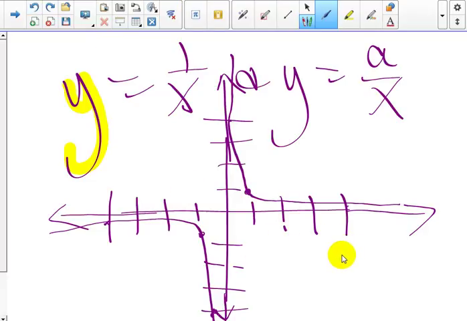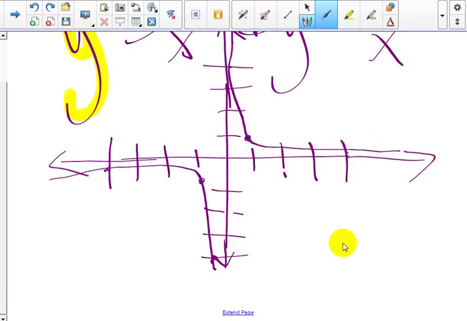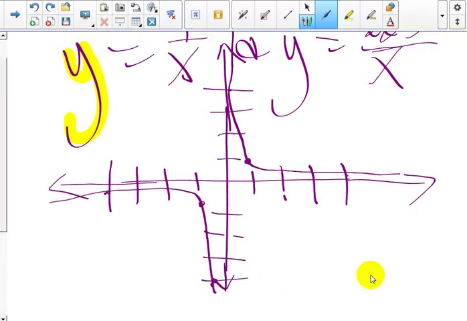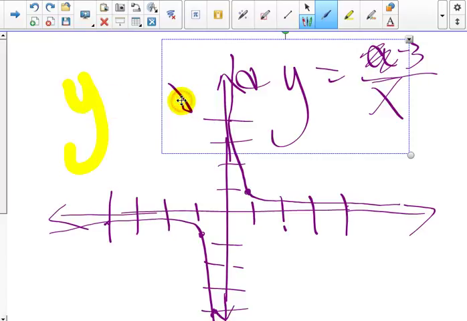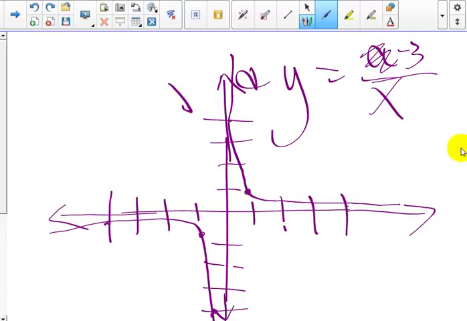Now let's do a equals negative 3. So I'm going to have y equals negative 3 over x. What we can do is just a t-chart.